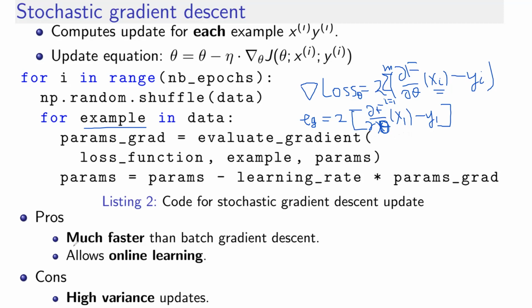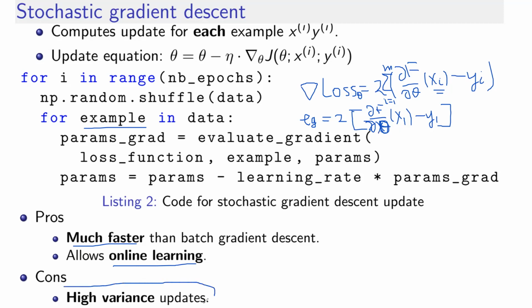So even though this is very fast and allows online learning, because you don't need to remember the whole data set, you just receive new data and you insert it into the algorithm, stochastic gradient descent just updates the loss function based on the values that you give it.